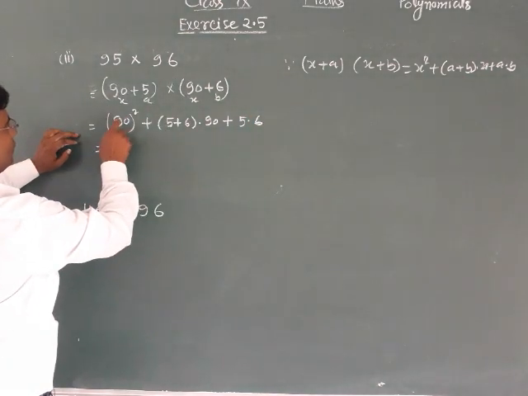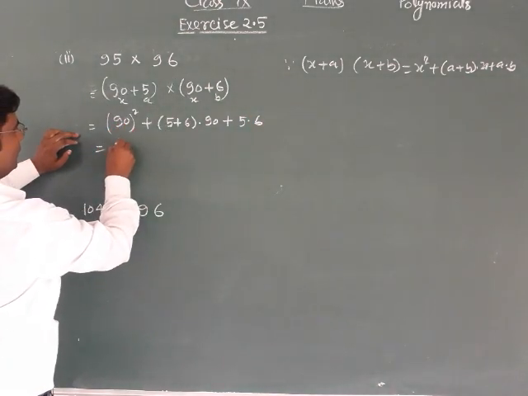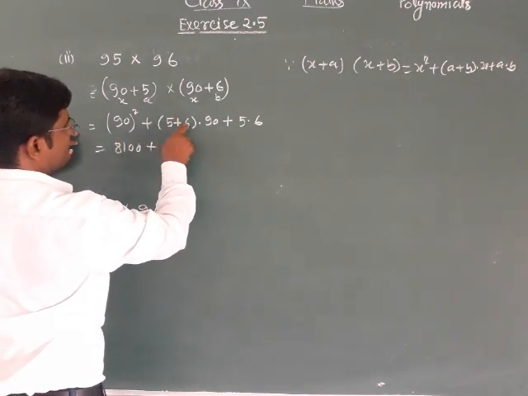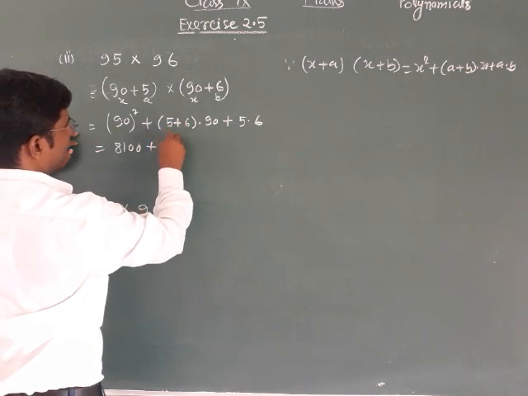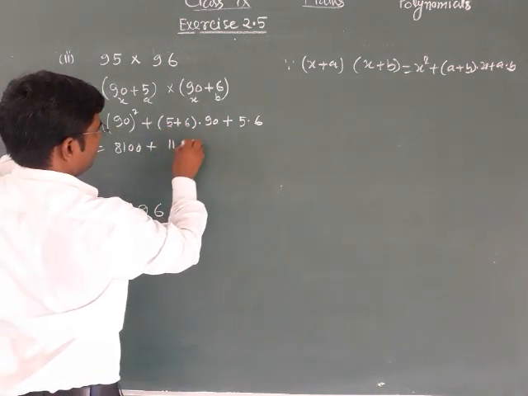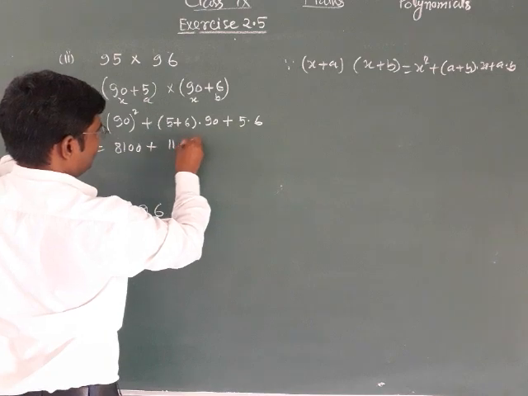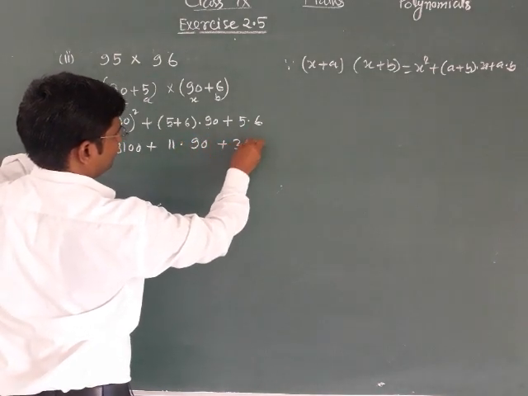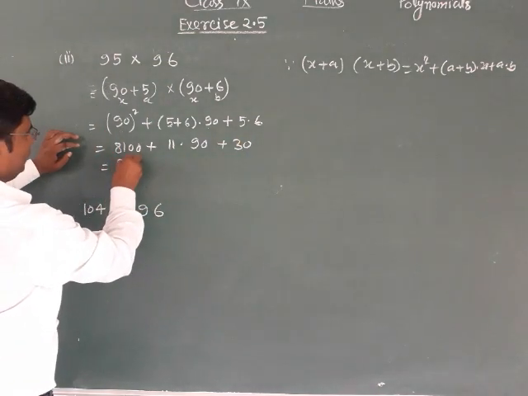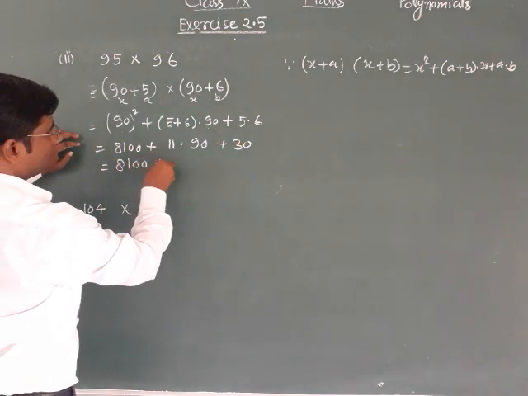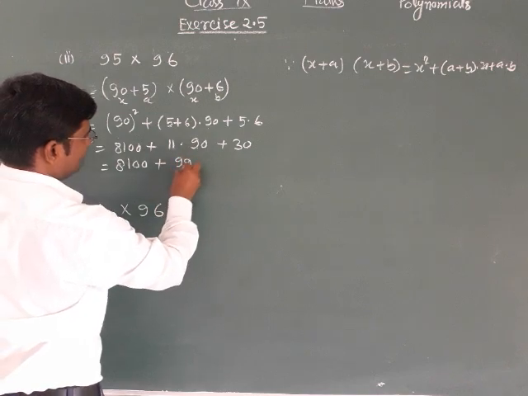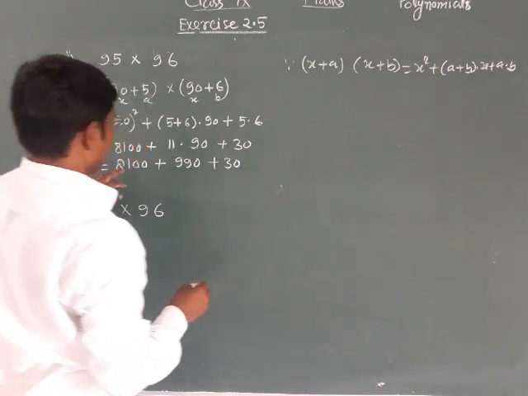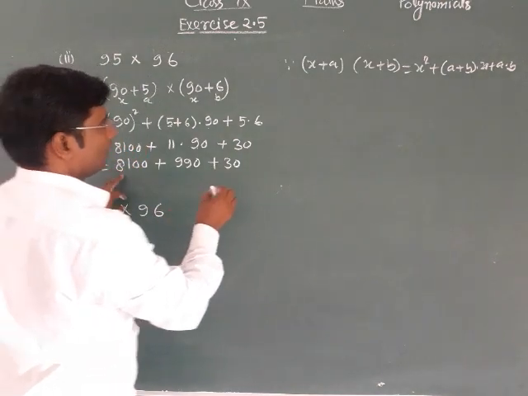So 9 square is 81, and 00, and plus 6 plus 5 is 11, into 90, and plus 5 sixes are 30. So 8100 plus 11 nines are 990, and plus 30.